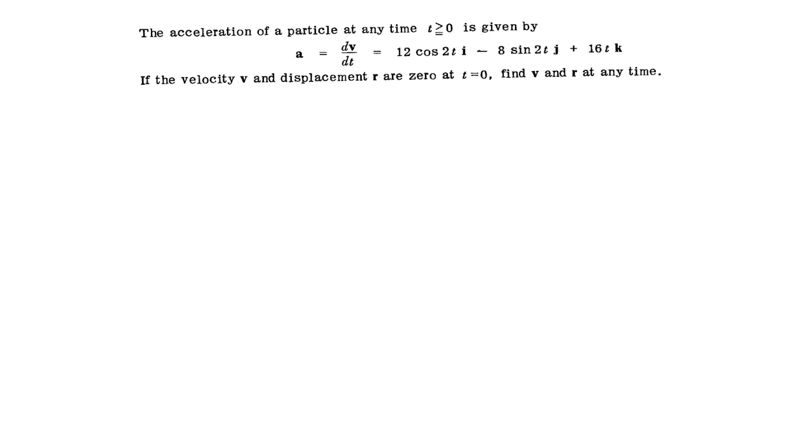Okay, so the acceleration of a particle at any time t is given by the vector a is equal to dv/dt is equal to 12 cos 2t i minus 8 sin 2t j plus 16t k.